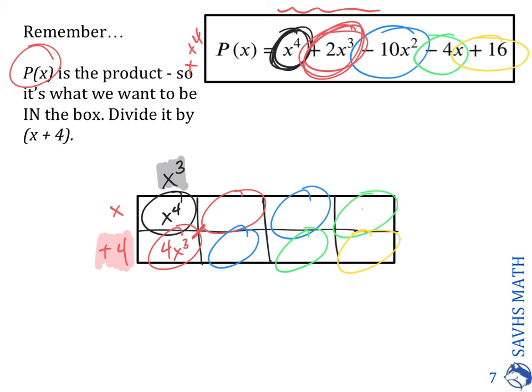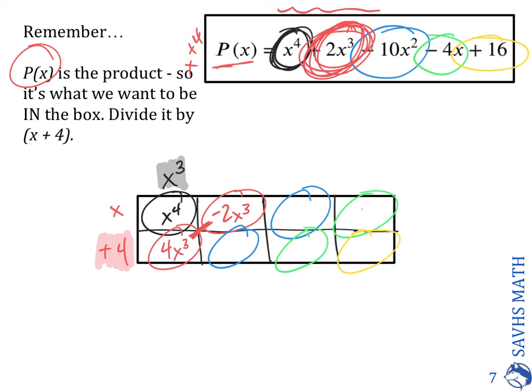So I'm going to subtract 2x cubed, because these two in the red circles now add to this 2x cubed. I'm being a little bit creative about what I choose to add or subtract. But remember that what I'm representing inside the black box has to give me p of x. So together, these two terms have to give me positive 2x cubed.